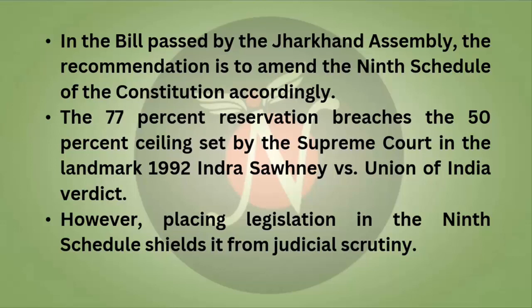The 77% reservation breaches the 50% ceiling set by the Supreme Court in the landmark 1992 judgment, that is the Indra Sawhney versus Union of India verdict. However, placing legislation in the ninth schedule shields it from judicial scrutiny.